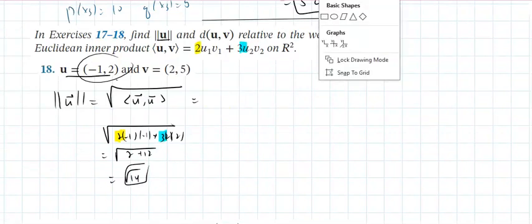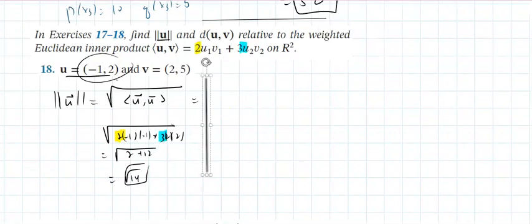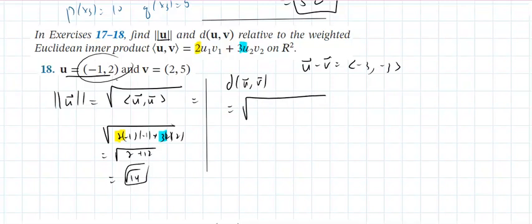Again, simple calculations. They want us to find the distance from u to v with the weights. Forget the weights. Let's do u minus v. What would that be? That would be negative 1 minus 2, that's negative 3, and 2 minus 5, negative 3. So that would be the square root of, oh, they're all the same. You're not going to tell the difference. So negative 3 times negative 3 and the j component, but you're going to add the weights to them.